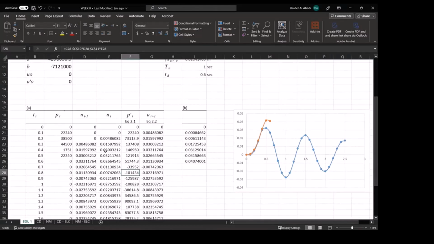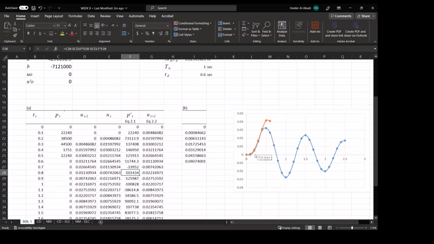I want you to do it now because this is going to be the main step for your second assessment. You're going to be doing many curves like those, or this solution is going to be part of what I want you to do in your second assessment, which I will also talk about next week.